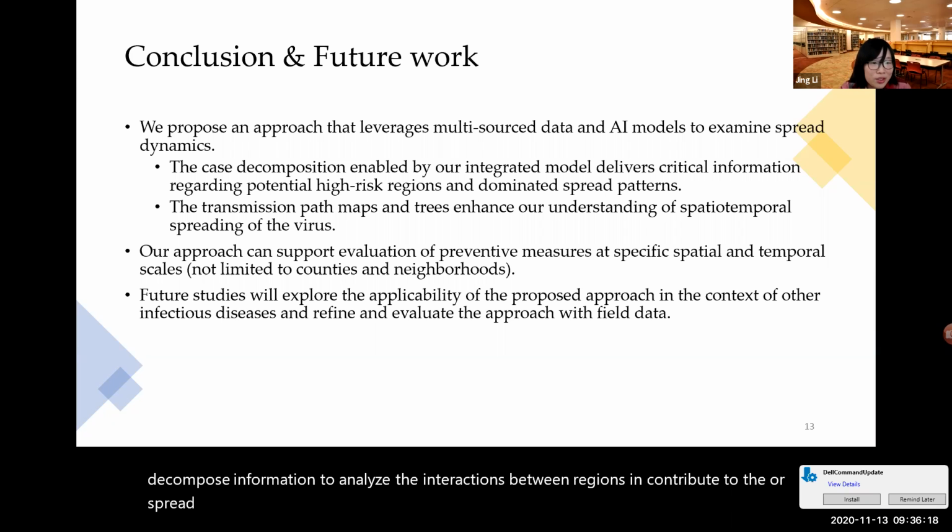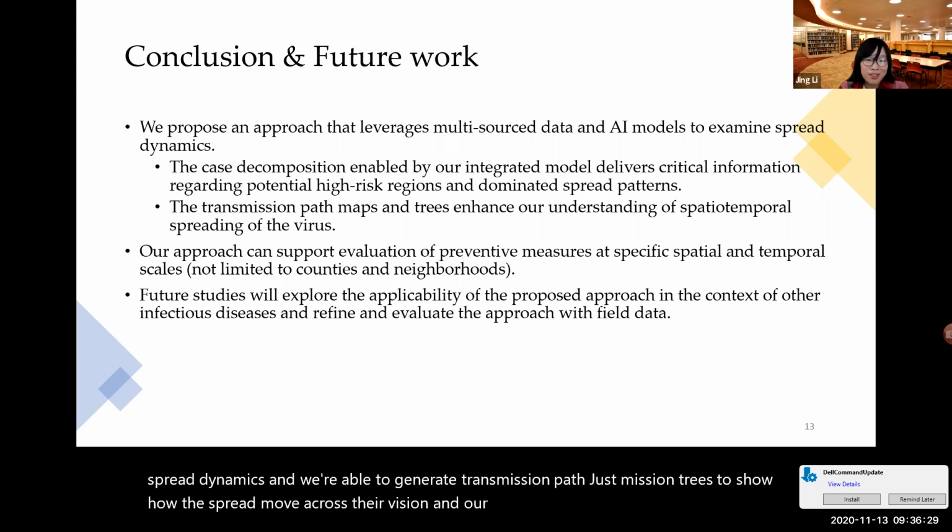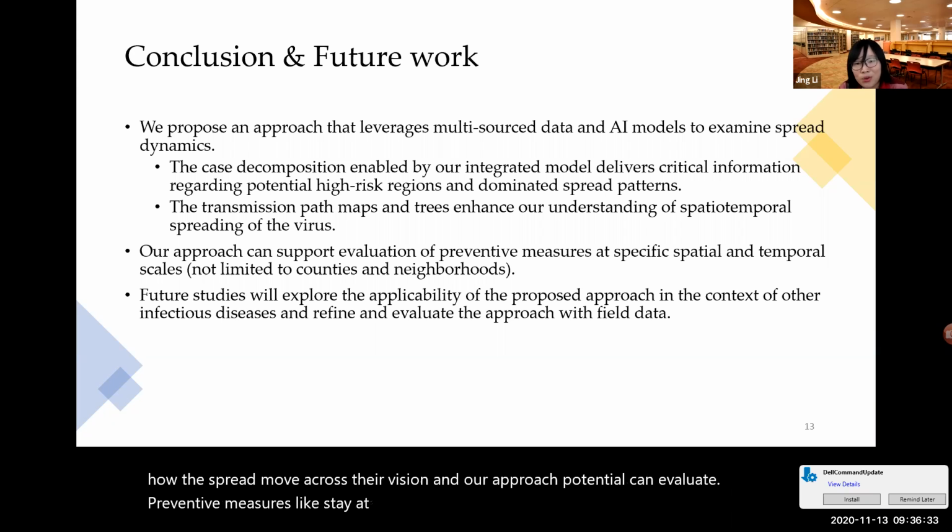We are also able to generate transmission paths and transmission trees to show how the spread moves across regions. And our approach can potentially evaluate preventive measures like stay-at-home orders given spatial and temporal scales and constraints.